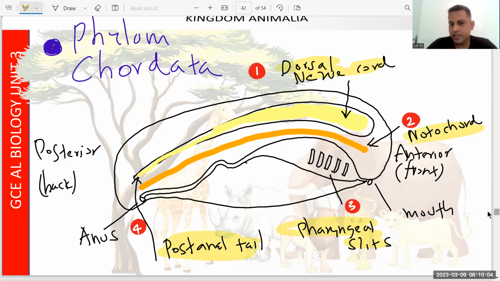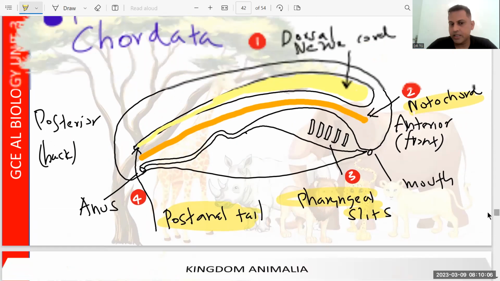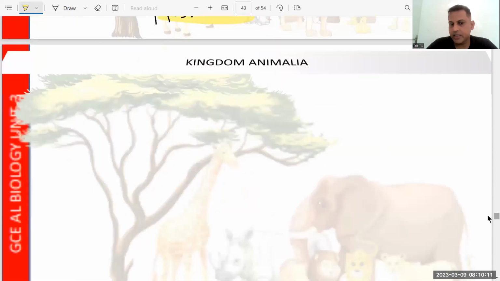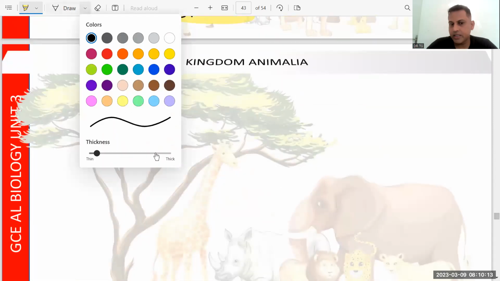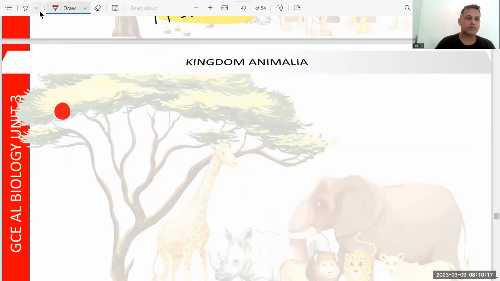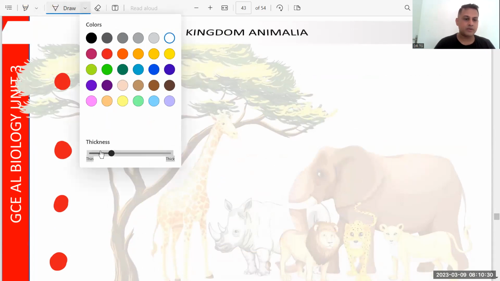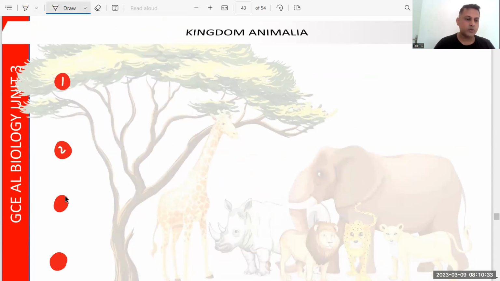Let's further look at the fate of these 4 structures. First, dorsal nerve cord. Second one is notochord. Third one is pharyngeal slits. And the fourth one, post anal tail.